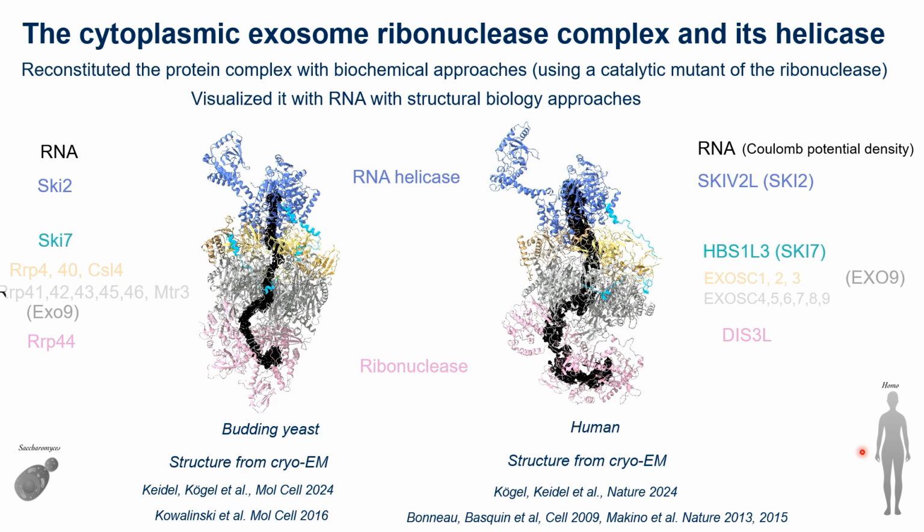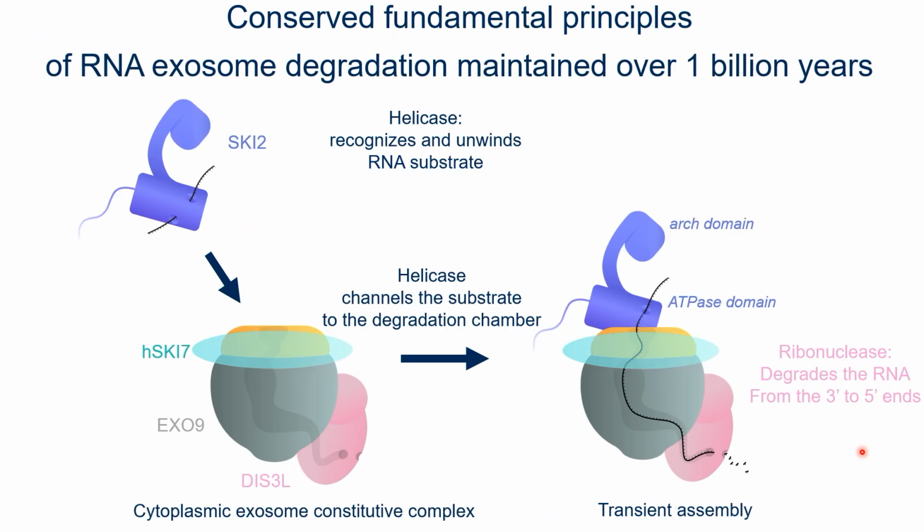The mechanism with which the helicase unwinds the RNA substrate and threads it into the cage and then to the ribonuclease is conserved. So we have a helicase, it will recognize the substrate, which is a major issue, which I will get to, unwinds it and channels it to the degradation chamber.